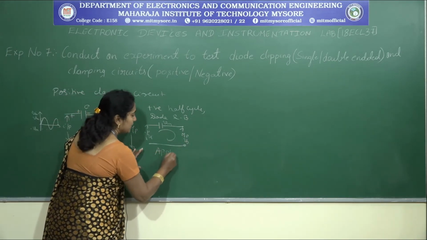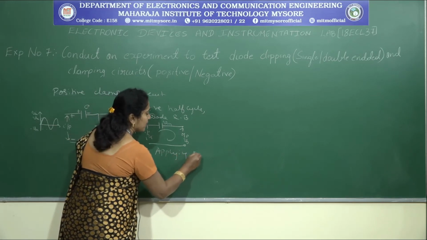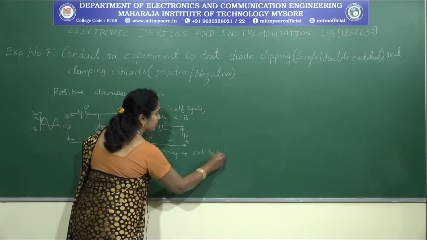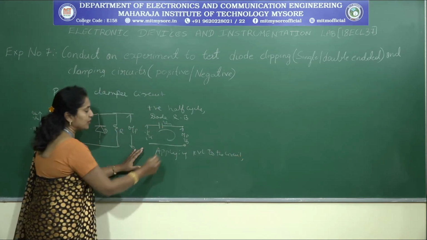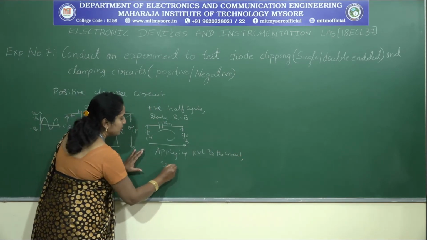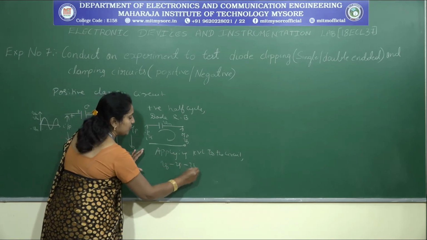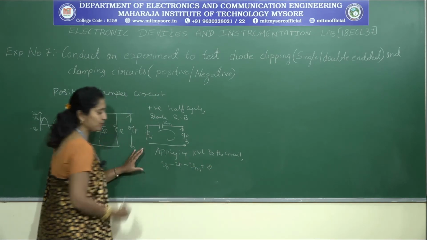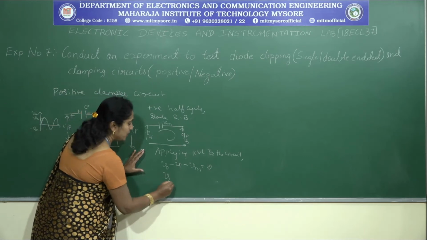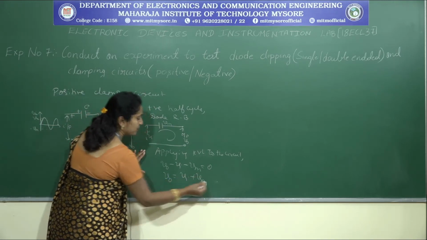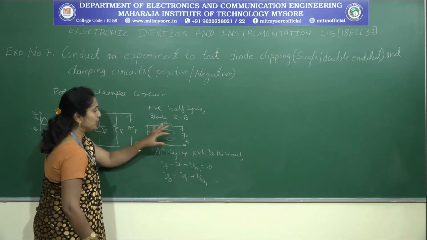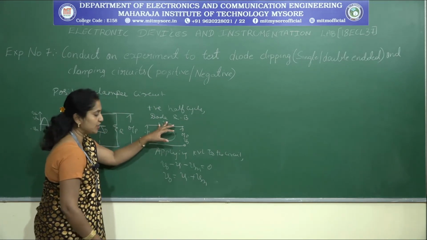Applying KVL to the circuit, V0 minus Vi minus Vm is equal to 0. So now V0 is equal to Vi plus Vm. So Vm is going to charge to the same Vi itself.